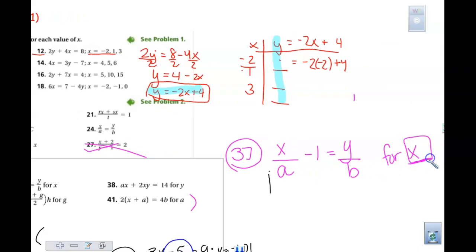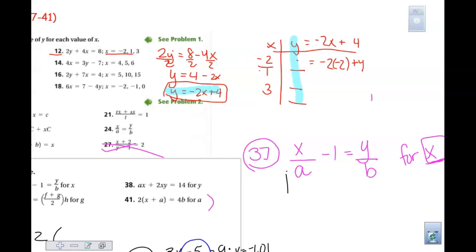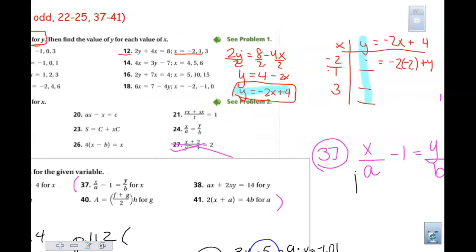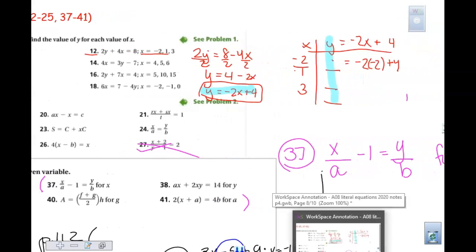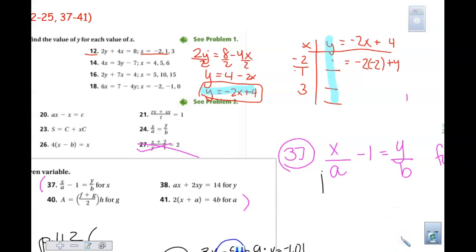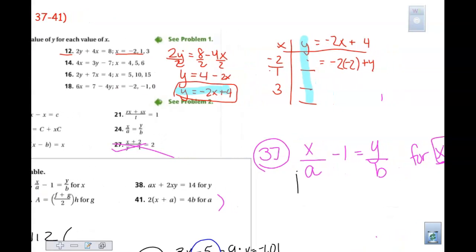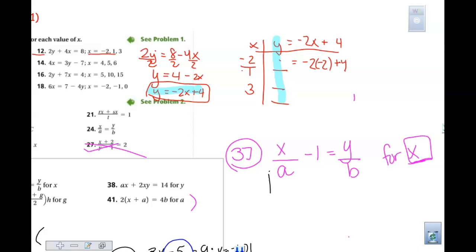That means I want the x by itself, okay? So I look at the problem and I go, well, what do I have to look at isolating first? I need to isolate this, because that's the thing that has an x with it. So, how do I get rid of a minus 1? I add 1 to both sides.